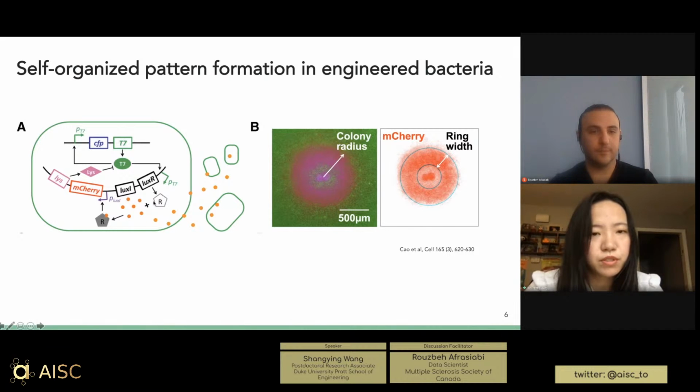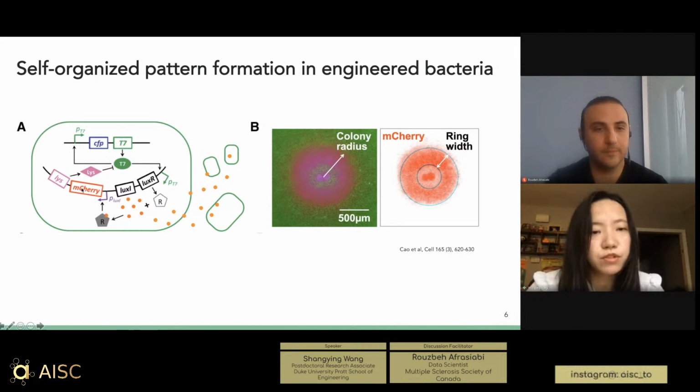LUX-R will produce R protein, and LUX-I will produce these orange dots called AHL. When these two bind together, they can further promote the synthesis of lysozyme and mCherry. mCherry is a kind of fluorescent protein.